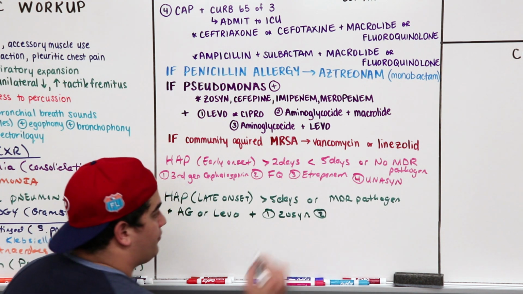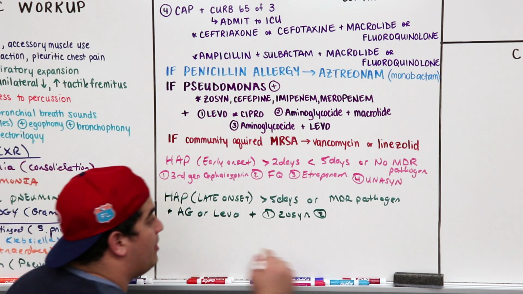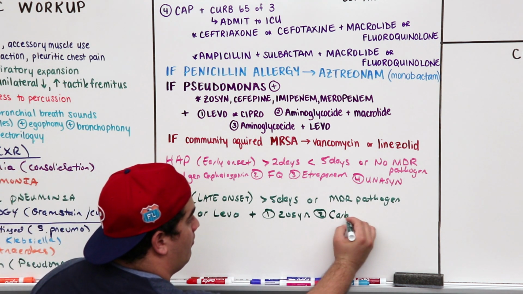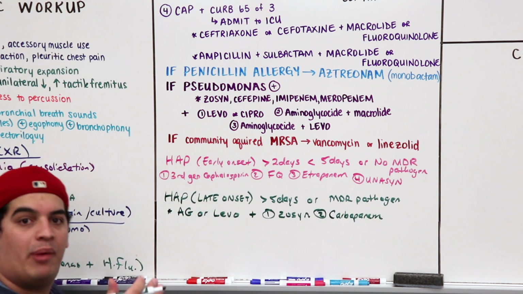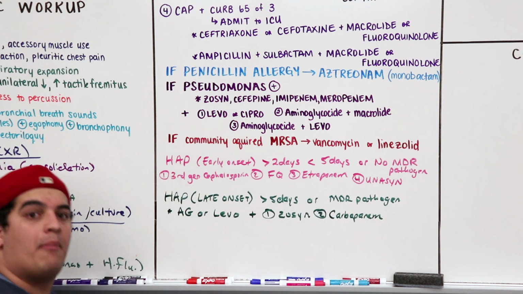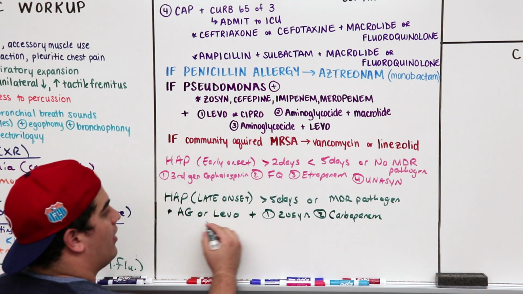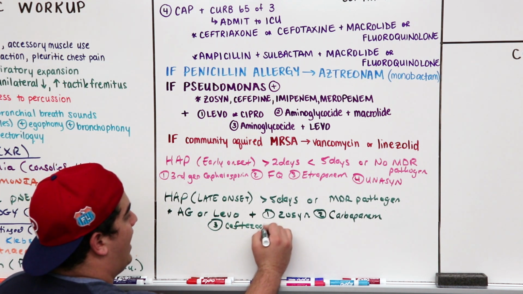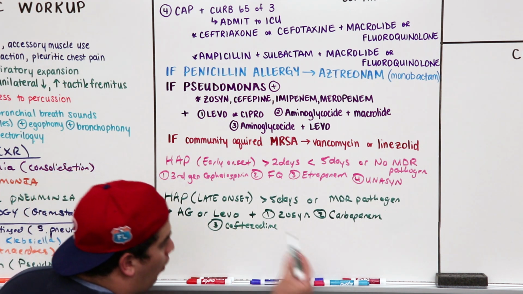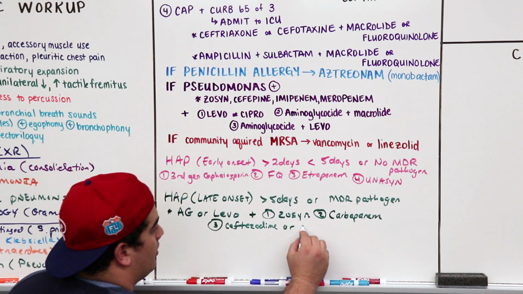Second option is you could give this with another carbapenem, but it has to be a carbapenem that is not ertapenem. What are those? Imipenem, doripenem, meropenem. These are some really, really powerful ones, okay? So another option here for the third one is ceftazidime, or another option here is you could do cefepime.